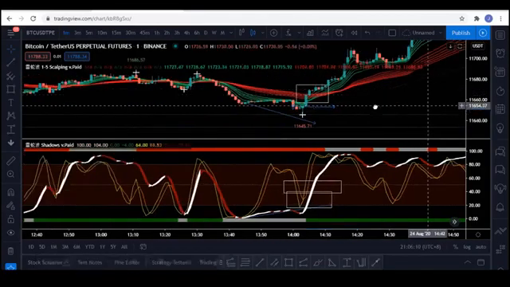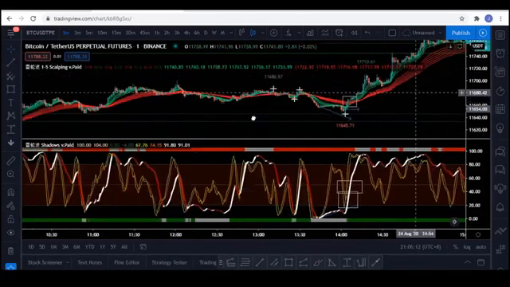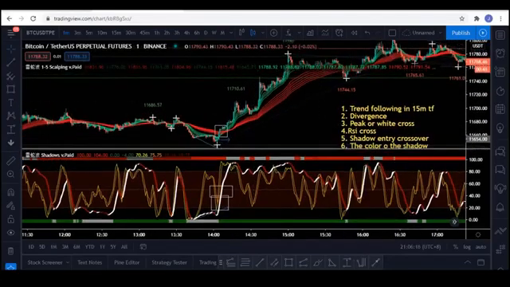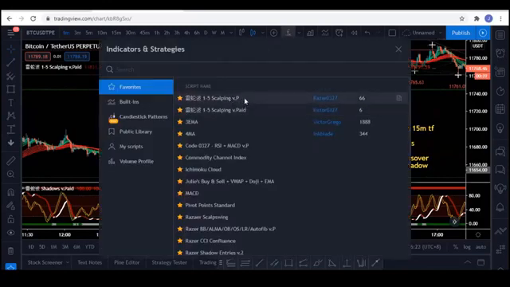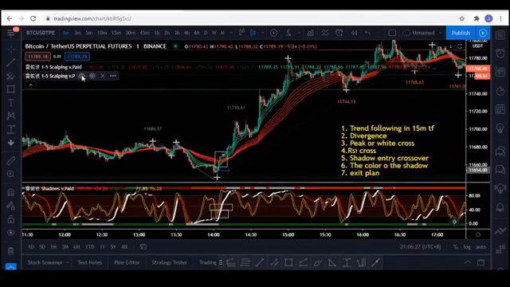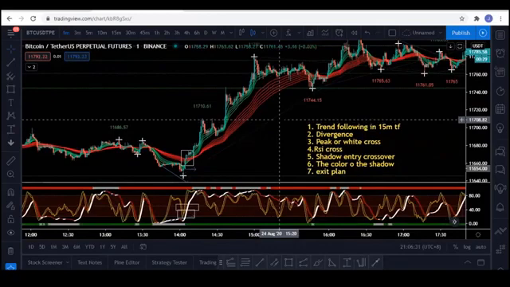And then where to exit? Where to exit, in our counter crossover. So your exit plan is to find another cross.